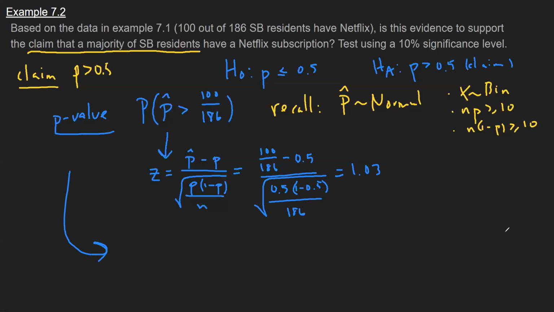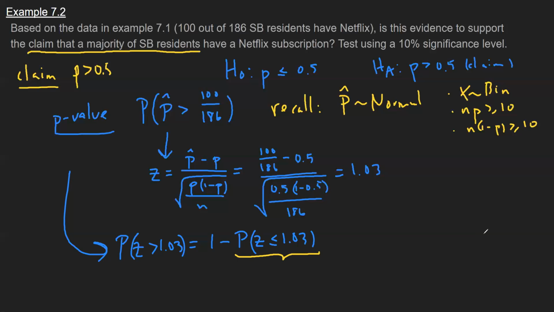So to summarize, the p-value is the probability that my data is at least 100 out of 186, but because p hat is normally distributed, I can standardize that to a z-score. The nature of my z-table is it gives me areas to the left, so I'm going to rewrite it this way using my complement rule. Now I can just go and find this on the z-table.